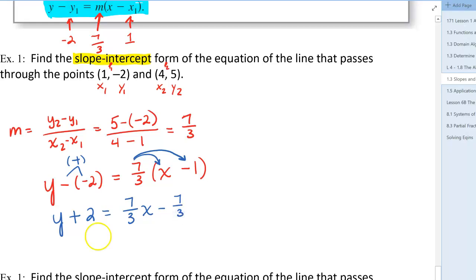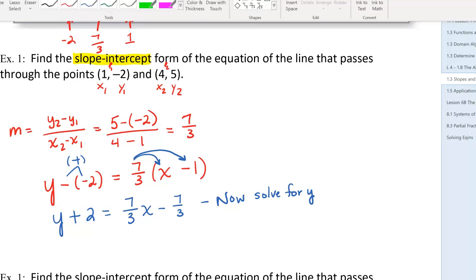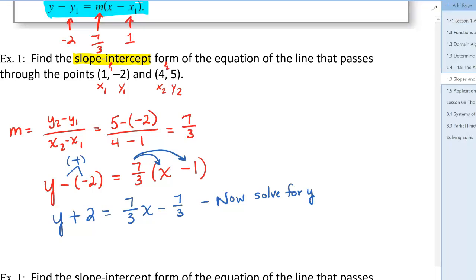Now that I have it cleaned up, I'm going to solve for y to put it in slope-intercept form. To solve for y, I need to get y by itself, which means this plus 2 needs to go to the other side.